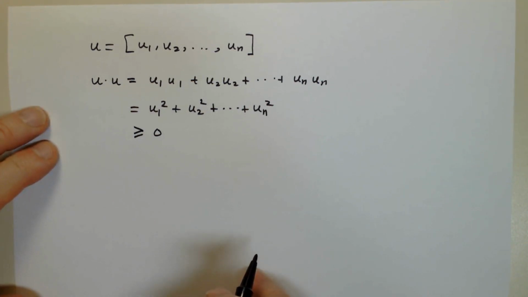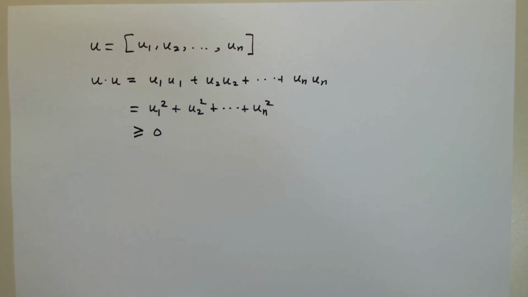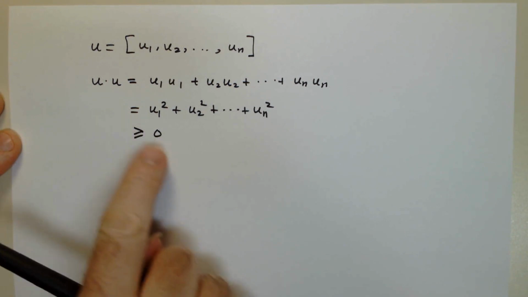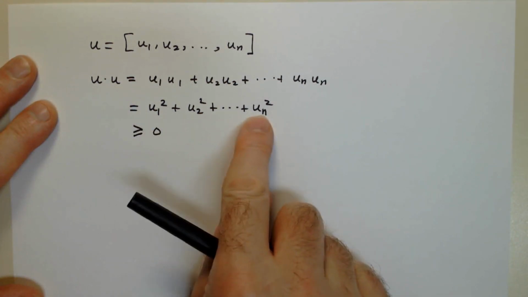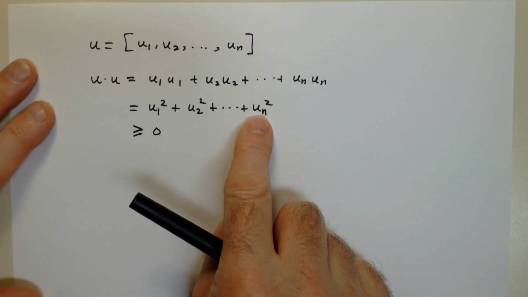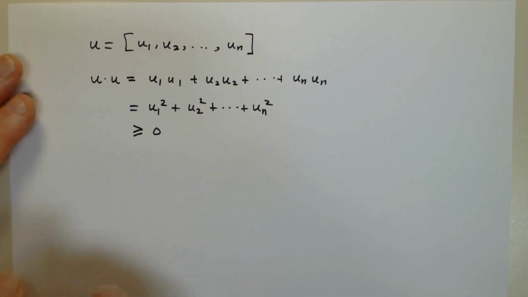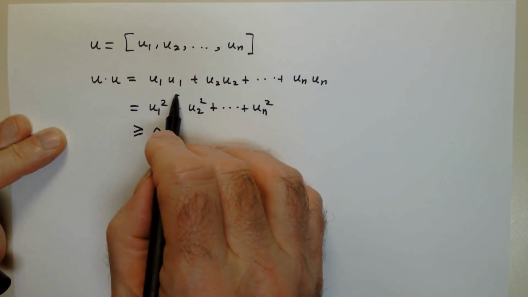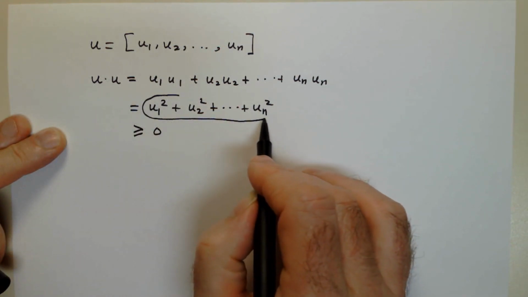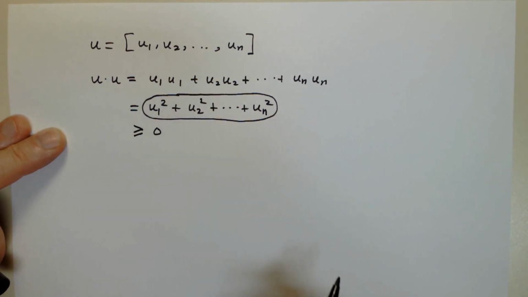Let's take one thing away from this, though. In addition to showing that u dot u is bigger than or equal to 0, we also know that u dot u is the sum of the squares of the components. That's a very useful idea, so one thing we want to highlight is that u dot u is equal to the sum of the squares of the components. Very, very useful.